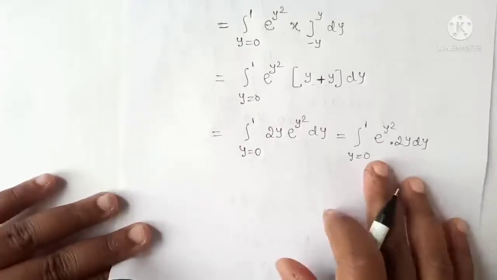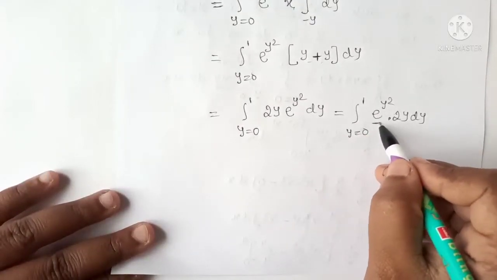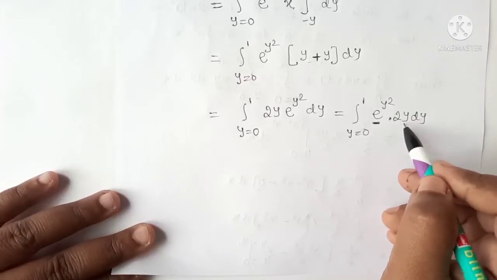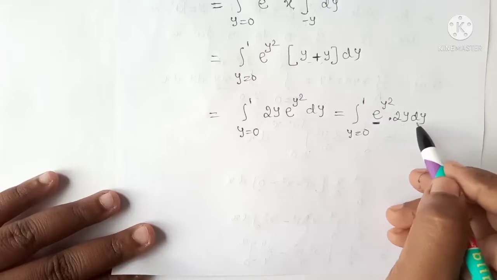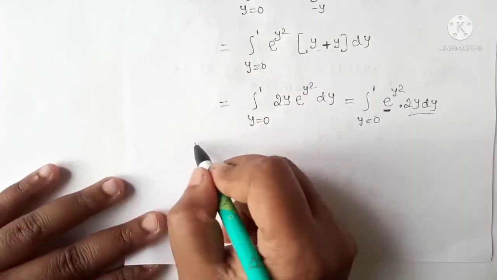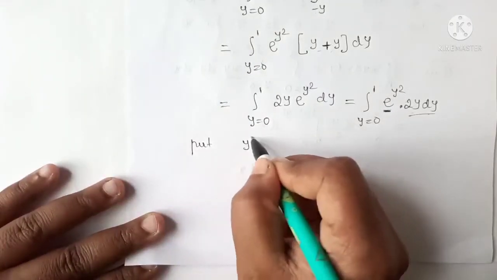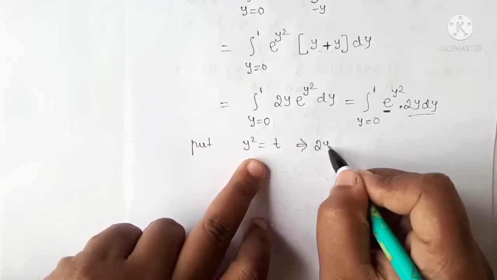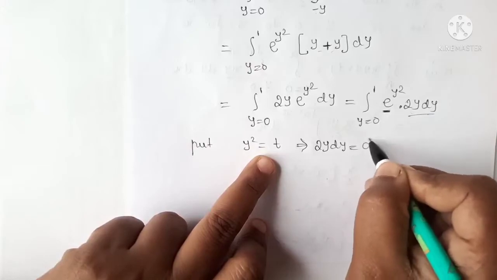You can observe that if you substitute y square equals t, then differentiating y square we get 2y dy equals dt.